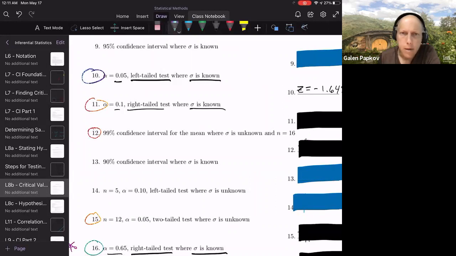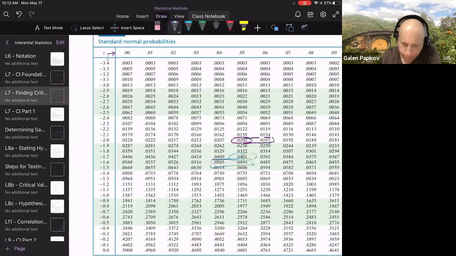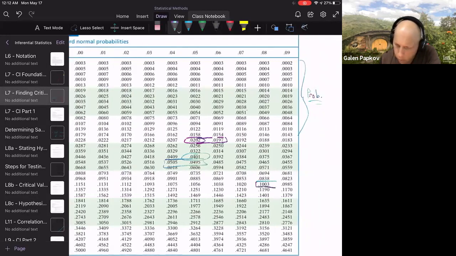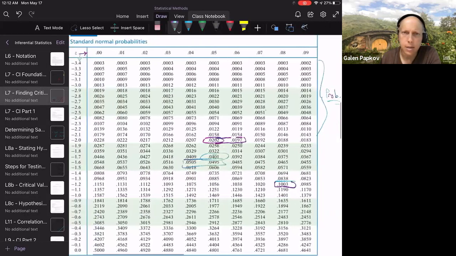For 11, alpha is 0.1. This is a right-tailed test, so we want a positive value, and sigma is known. So we're looking for 0.1 and using the Z table because sigma is known. 0.1. Make sure you don't add more zeros into this. And 0.1 is closest to 0.1003, which has negative 1.28 as the z-score.